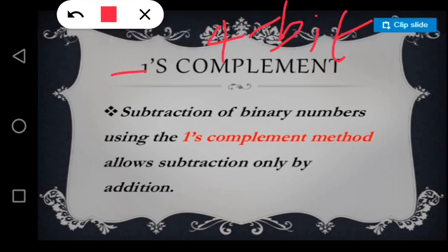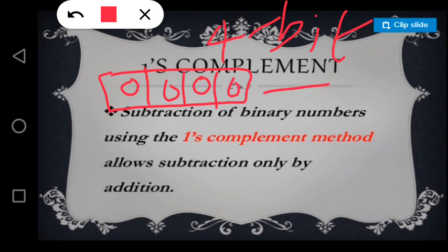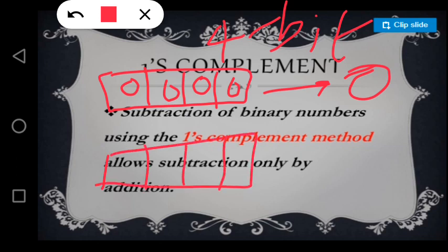If these are my 4 bits and I put all zeros, this is the smallest positive number, and if I keep all ones over here, it is 15. Do you understand why all ones means 15?